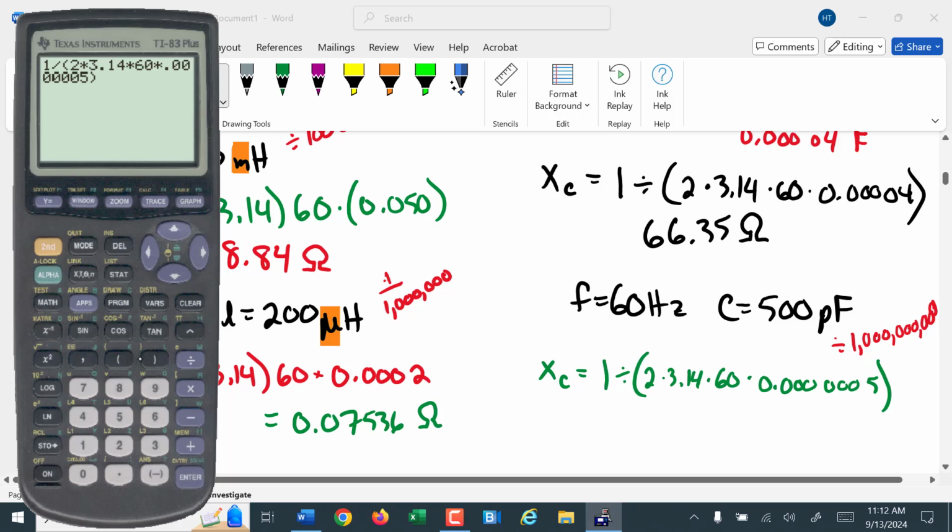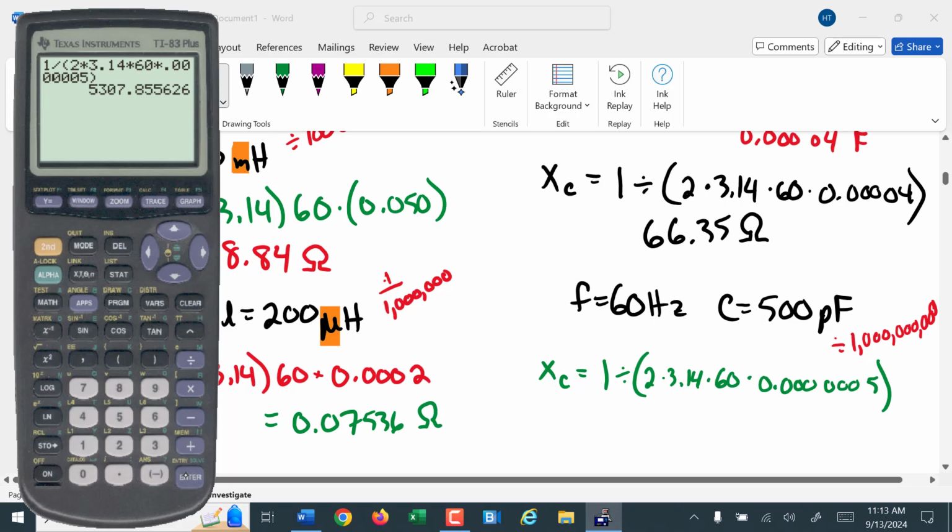So with the picofarads, the 500 picofarads becomes 0.0000005 farads. So 6 zeros in front of that. We plug that in, 1 divided by parentheses 2 times pi times 60 times our 0.0000005.